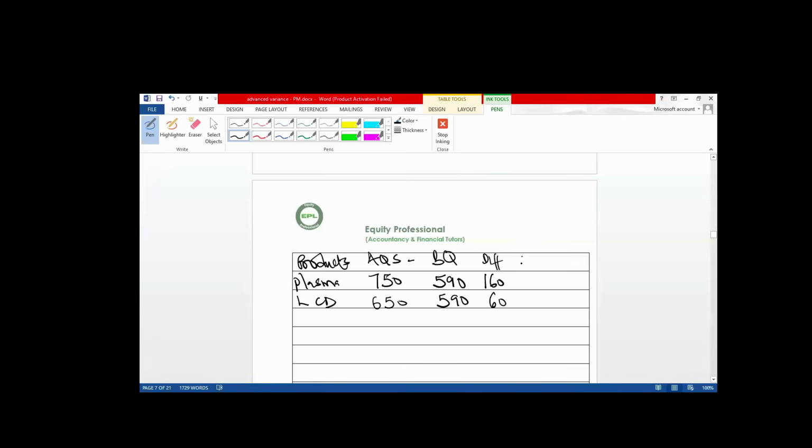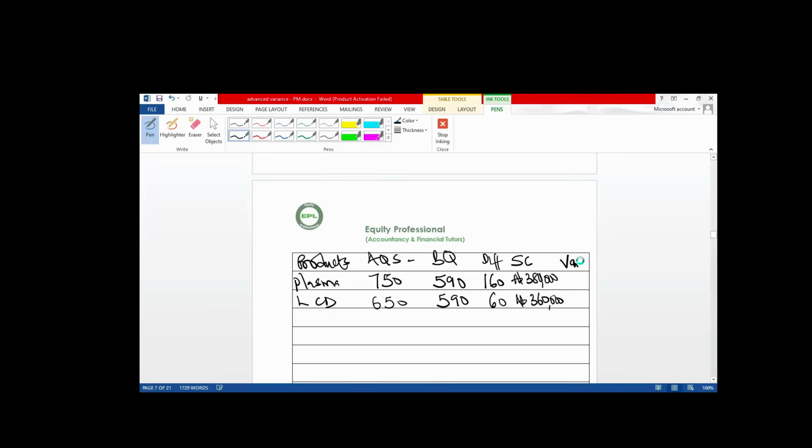Here you have 380,000, here you have 360,000. I'm shortening standard contribution because of space.